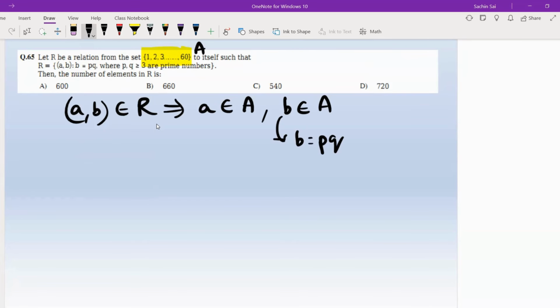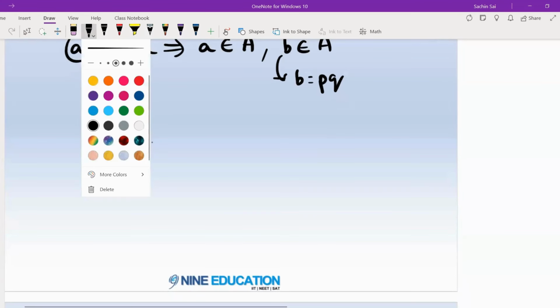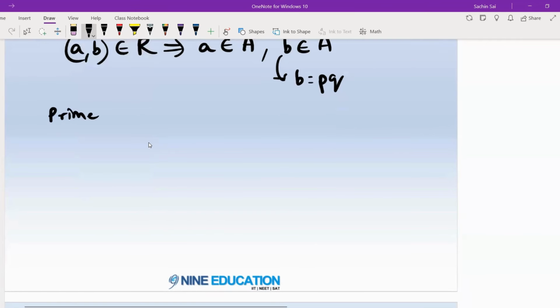Right? B should be of the form PQ, where both P and Q are greater than or equal to 3. So how many prime numbers are greater than or equal to 3? First, we start with primes greater than 3.